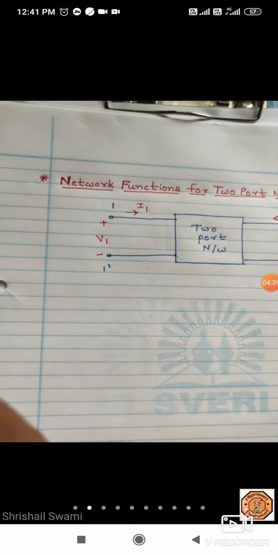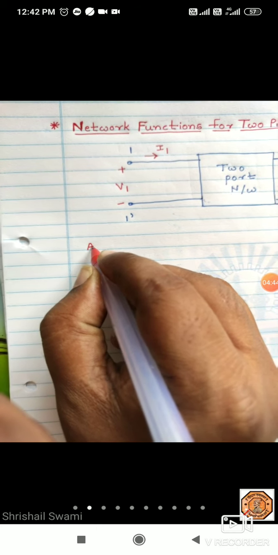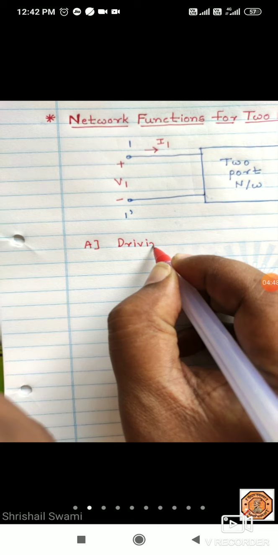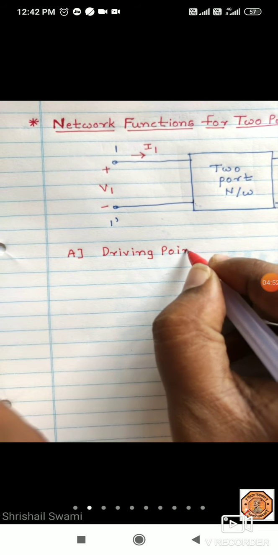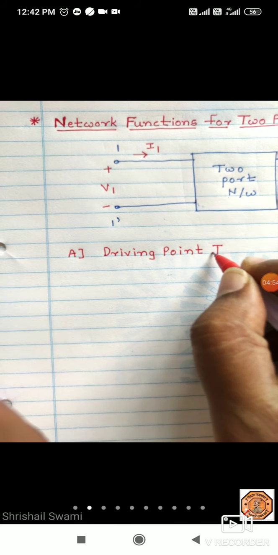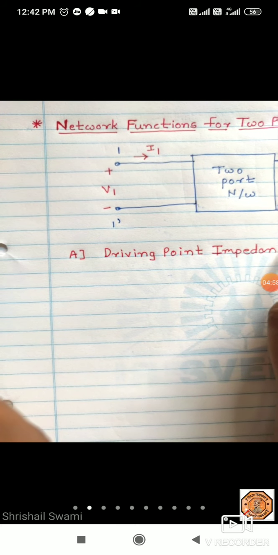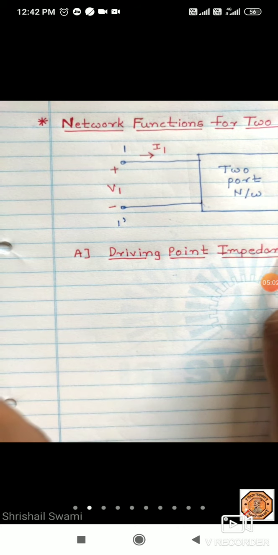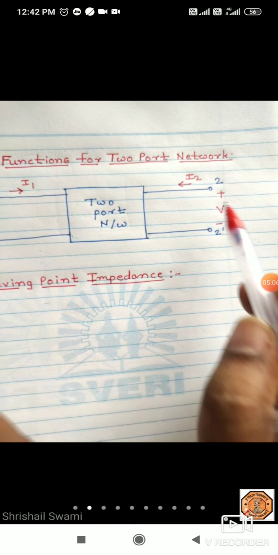I will mark this as A. Driving point impedance, this is the first network function. Under that there will be two different definitions, one for port 1 and second for port 2.